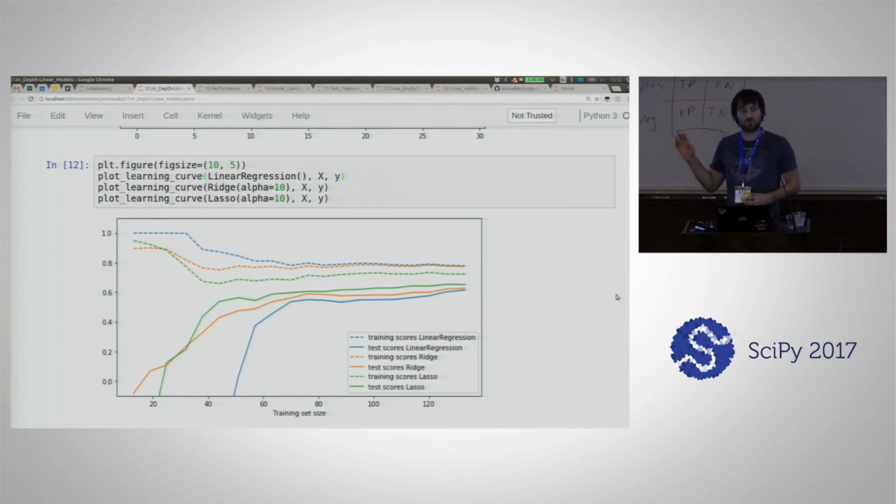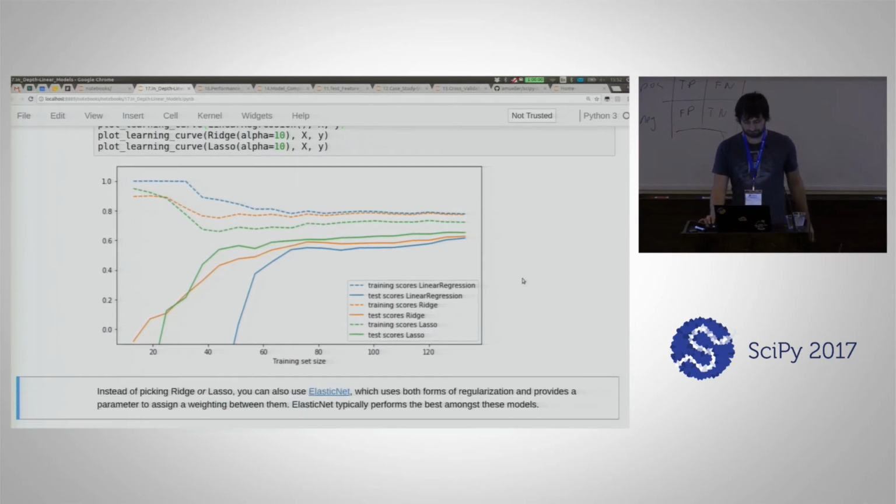So lasso mostly works well either if you really want something that's easy to interpret and has very few non-zero coefficients, or if you actually believe the true model to be what we call sparse, to only have a few non-zero coefficients. In general, it doesn't perform better unless this is true of the real model.